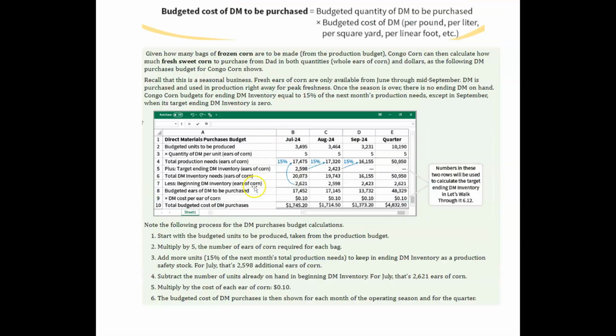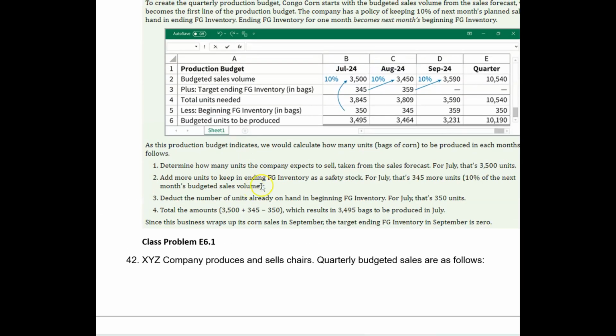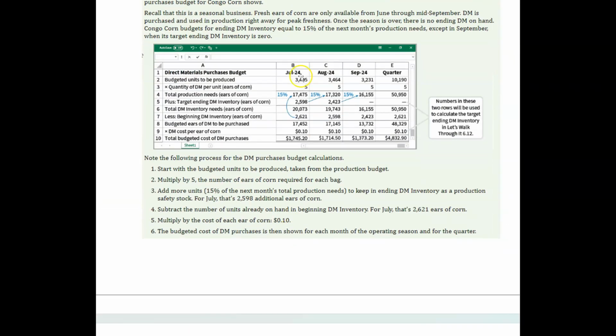All right, so what we have, we've got budgeted units to be produced. I think this comes from, yeah, here's our production budget. And we've got 34.95, 34.64. Okay, these are right out of your textbook.